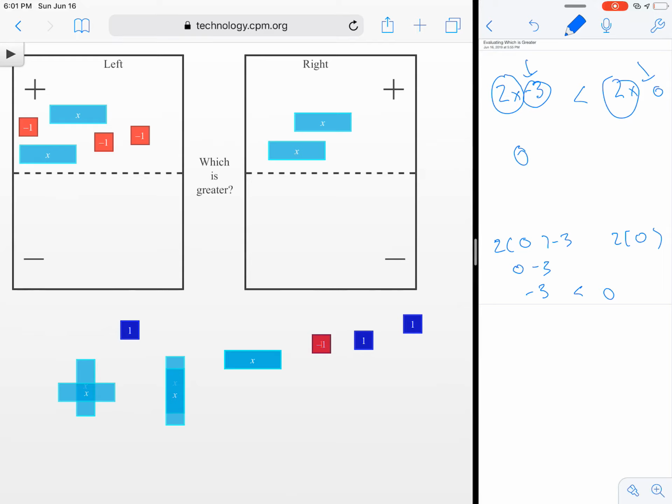If I have a different amount of x's, and we'll get into this in more detail later on, then I don't know which side is greater, regardless of the unit tiles. So again, if my number of x tiles are different, I don't know which side is greater, regardless of the unit tiles. That's a good introductory level learning for evaluating which side is greater.